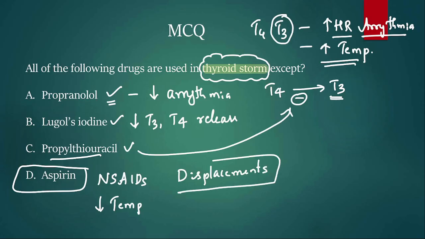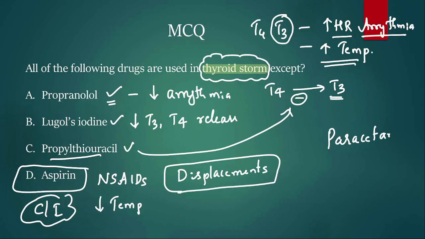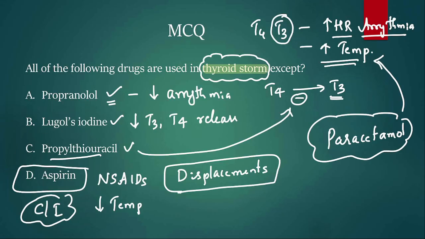So it will worsen the thyroid storm by displacing T3, T4, making them free. That's why aspirin is contraindicated to manage hyperthermia here. Then what should I give for a hyperthermia patient? The best drug we can give is paracetamol. This can take care of the increase in temperature and it doesn't interfere with displacement.